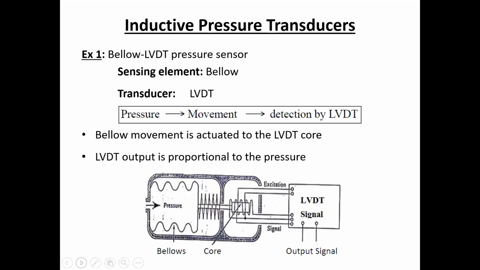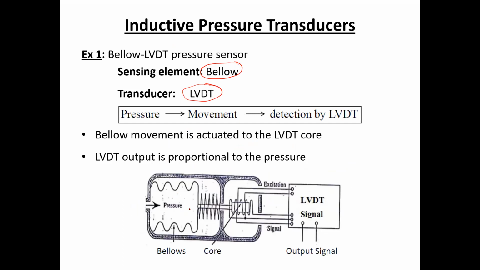Now if we talk about inductive pressure sensor, similar arrangement can be used by replacing the potentiometer with an LVDT. So here for the primary sensing element, bellow can be used, and as the secondary transducer, an LVDT can be used in case of the variable resistor.